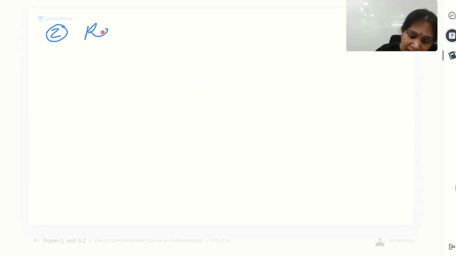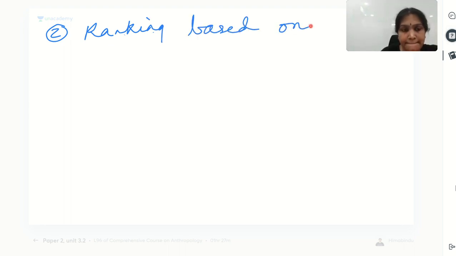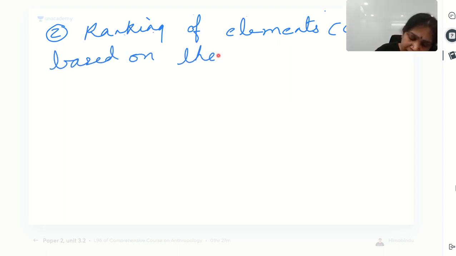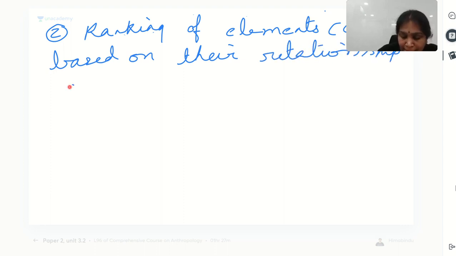Second aspect is ranking of elements based on their relationship with the whole.